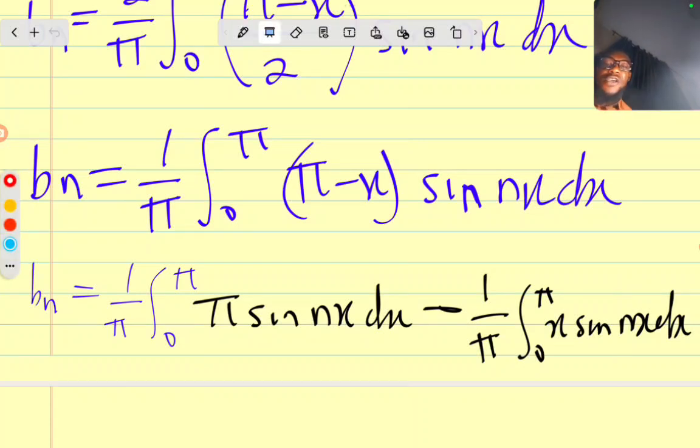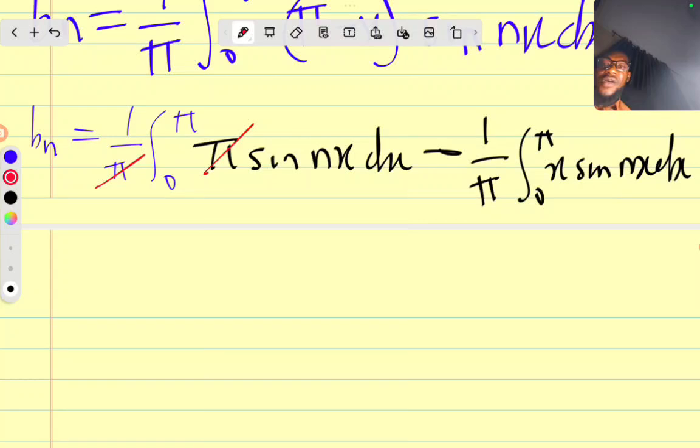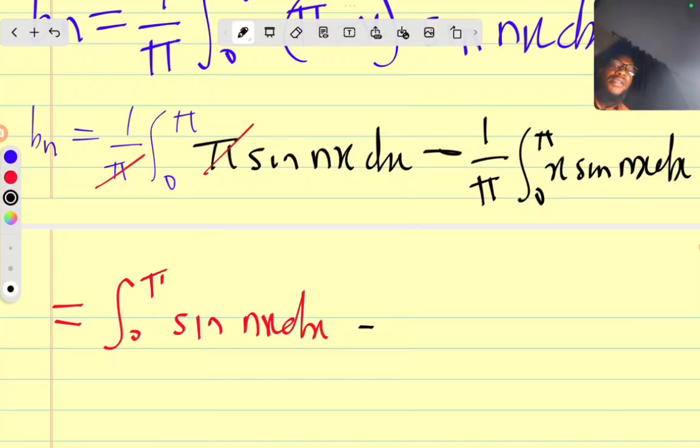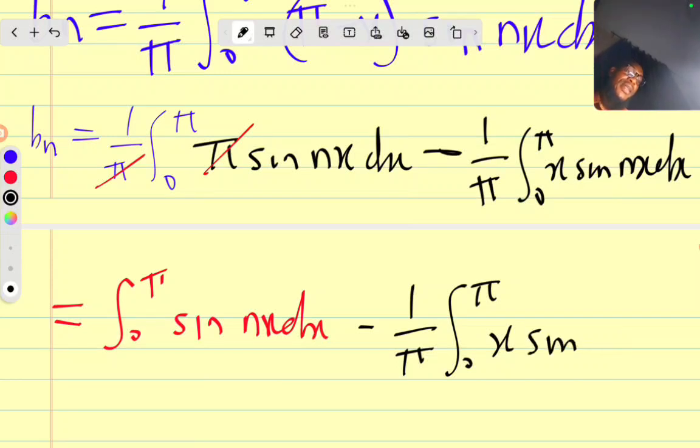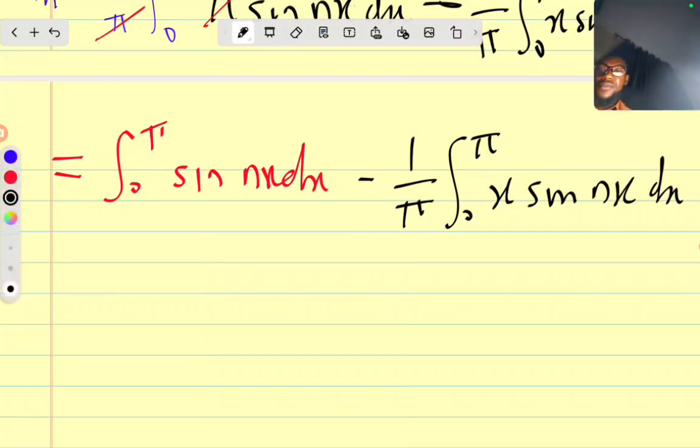If you look at this carefully, in the first part this pi cancels this pi over here. So we have the integral from 0 to pi sine nx dx for the first part, minus 1 over pi integral from 0 to pi x sine nx dx. If I integrate the first half, if you integrate sine, you are going to have minus cos.